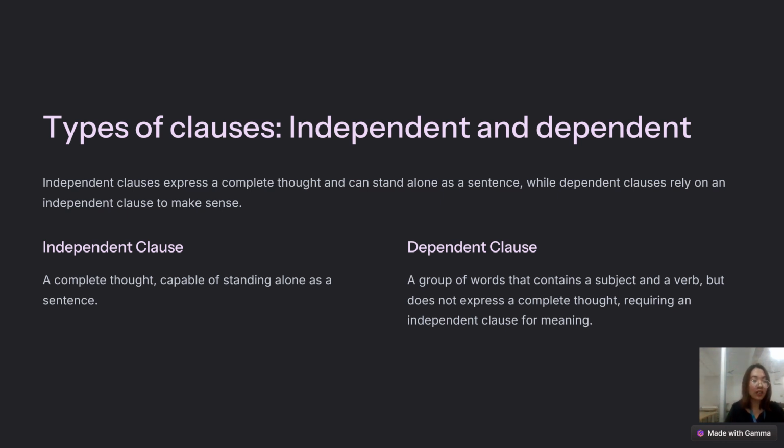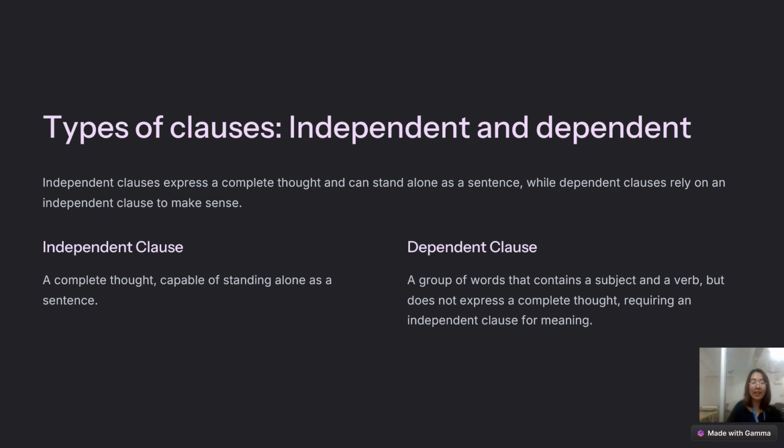So, for example, I'll give you a very simple example: when the rain stopped, we went outside. Here, "when the rain stopped" is the dependent clause. It has a subject, the rain, and the verb, stopped.